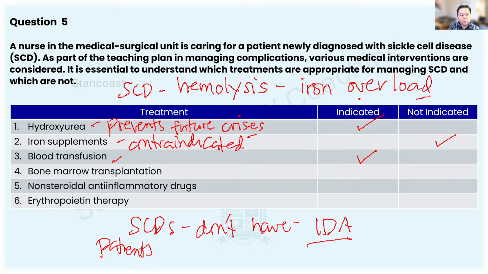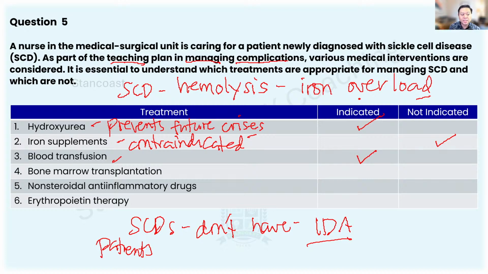What about number 4? Bone marrow transplantation. We are talking about a general question here, as part of the teaching plan in managing complications, all right? This is a general question, guys, about the possibilities of different treatments that could be afforded, okay?